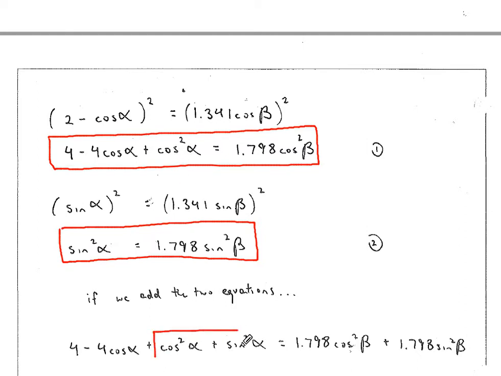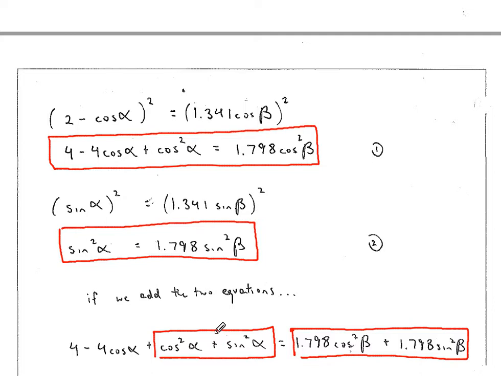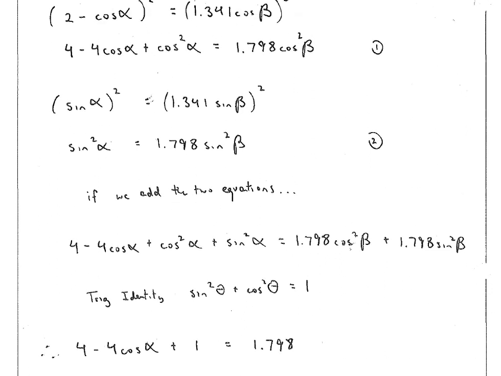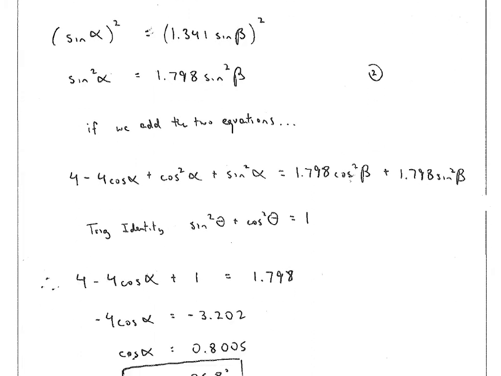But this is a trigonometric identity, the Pythagorean identity, so this is equal to 1. On the right side, we factor out the 1.798, and we're left with cos squared beta plus sine squared beta, which is again the Pythagorean identity, so you get 1 times 1.798. Remember, cos squared plus sine squared is 1.